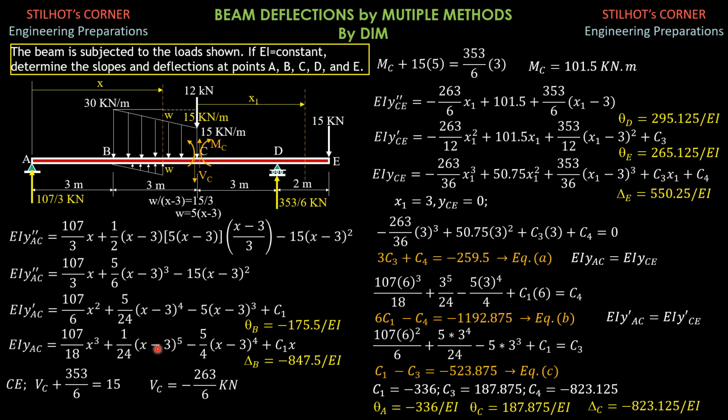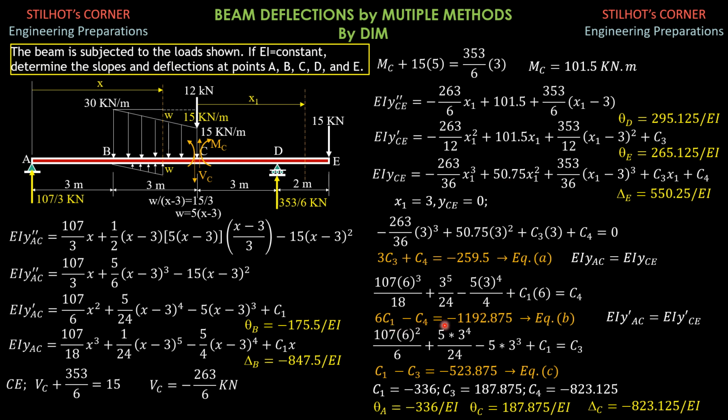Then at C, we have EI y AC for portion AC equal to the deflection also for portion CE. So for AC, we substitute x is 6, while for CE, because x1 is 0, it is just equal to c sub 4 at the right side.